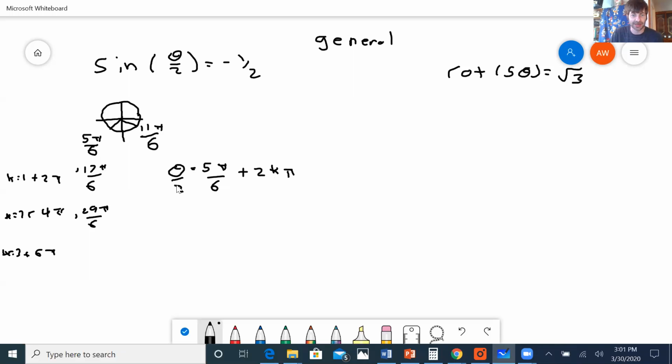Then at this point, I wanted to get rid of the 2. I have theta over 2. I wanted theta. So I'm going to multiply that side by 2 and that side by 2. And I'm going to get theta equals 5 pi over 3 plus 4k pi. But I also had this one.